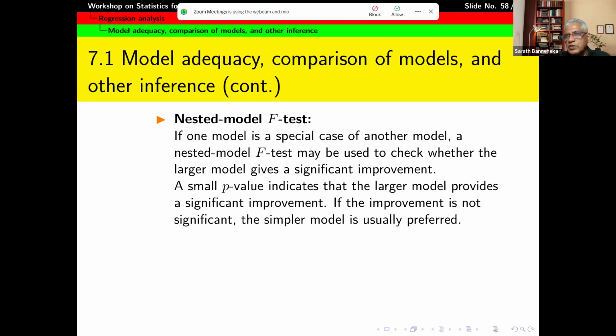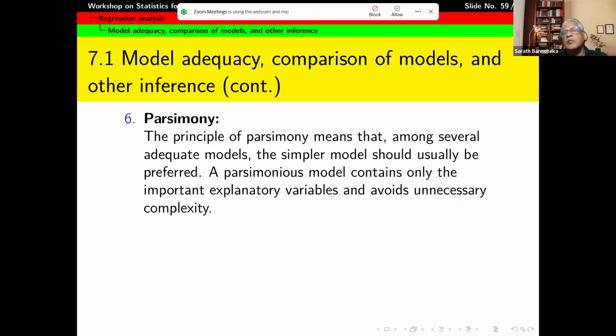So in order to test whether you can safely drop one variable without changing the predictive power that much, in that kind of situation, you use something called F tests. They are called nested F tests. Right? Here I'm giving you a very brief description only. There is theory behind all these things. And most of the time people don't apply all these things. At least several of these things have to be applied.